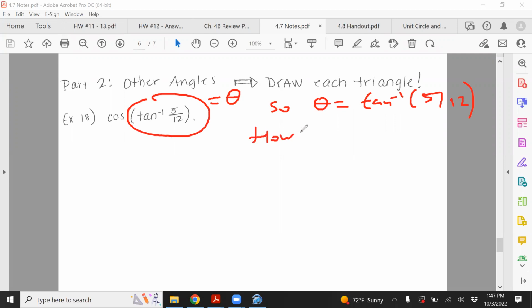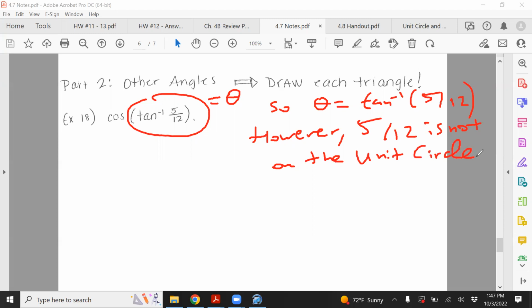However, 5/12 is not on the unit circle. Guys, quiet please. It's not on the unit circle. So that's going to be kind of an issue, but we'll have a workaround. You're asked for inverse tan of 5/12.